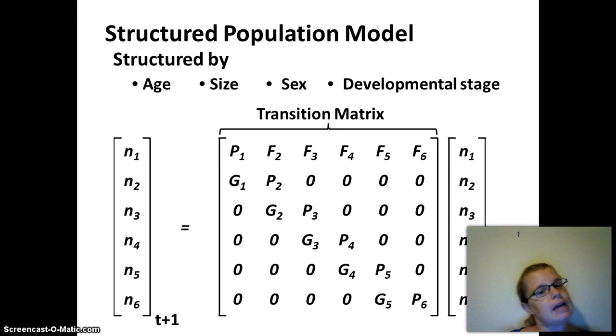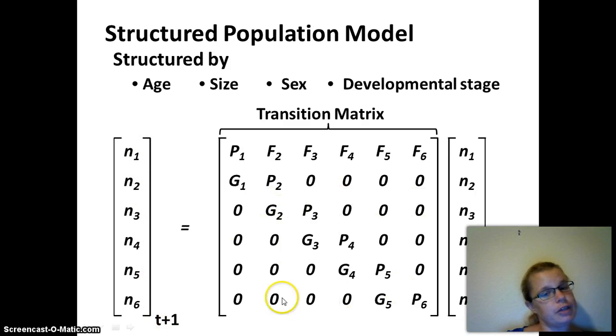And once you've decided how to divide the population into different stages, whether by age, size, sex, or developmental stage, you have to put it all into mathematical terms. So we have this vector that's the number of individuals in each stage at time t plus 1.